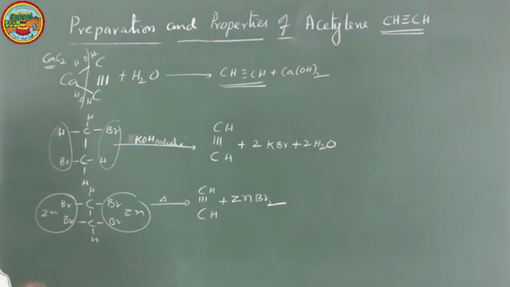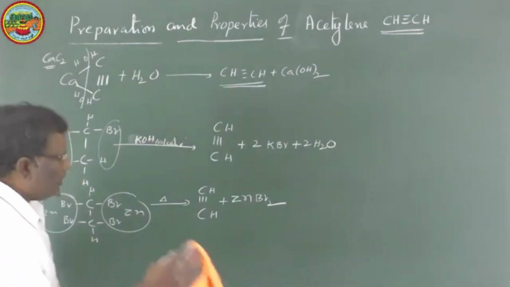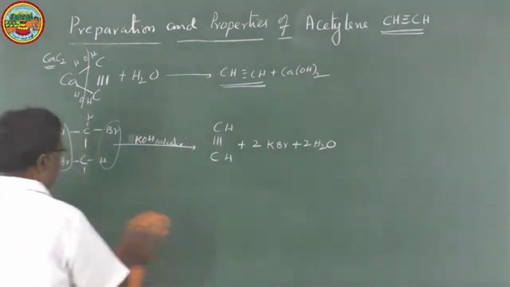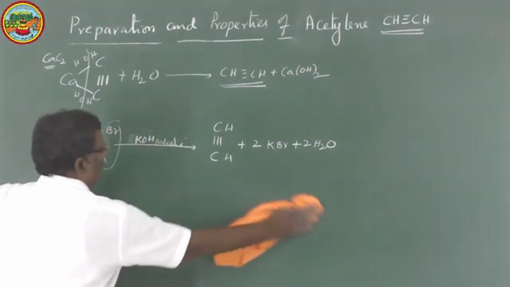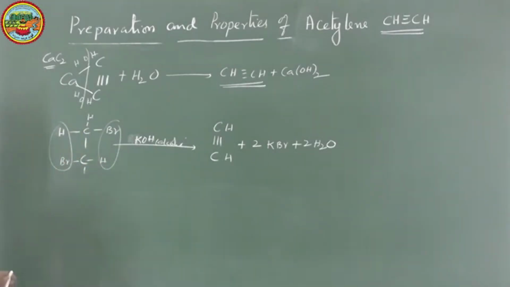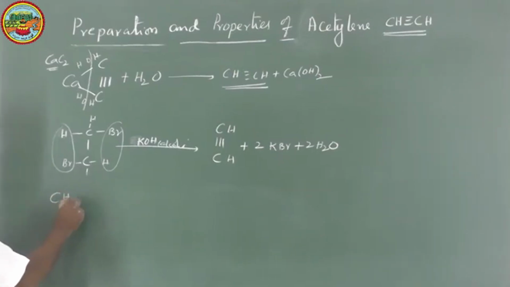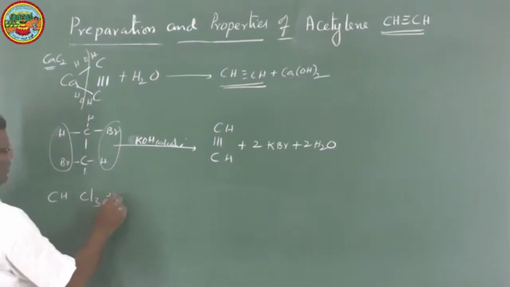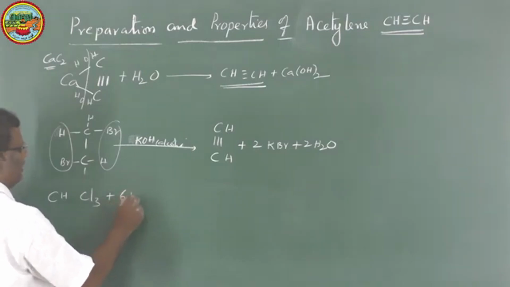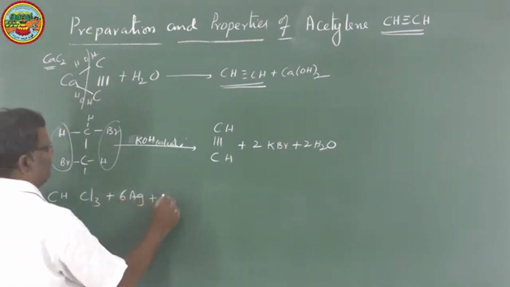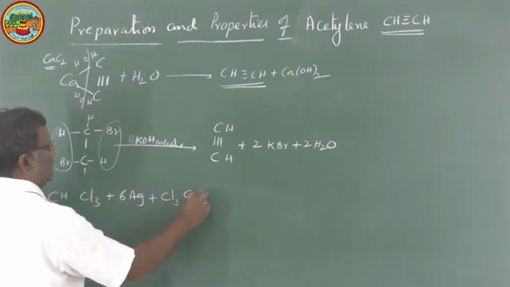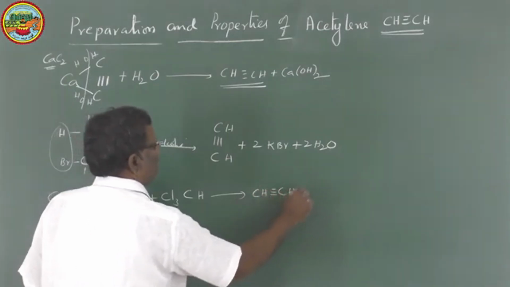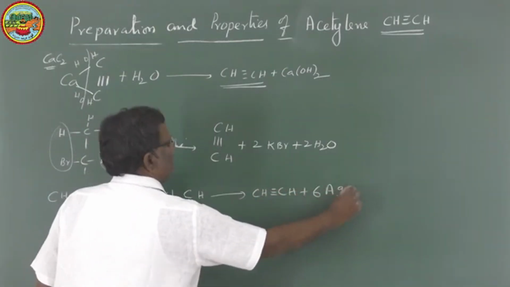Next, one more method is when chloroform CHCl3 or iodoform CHI3 is treated with silver in the presence of dry ether, we will get acetylene plus 6 AgCl.